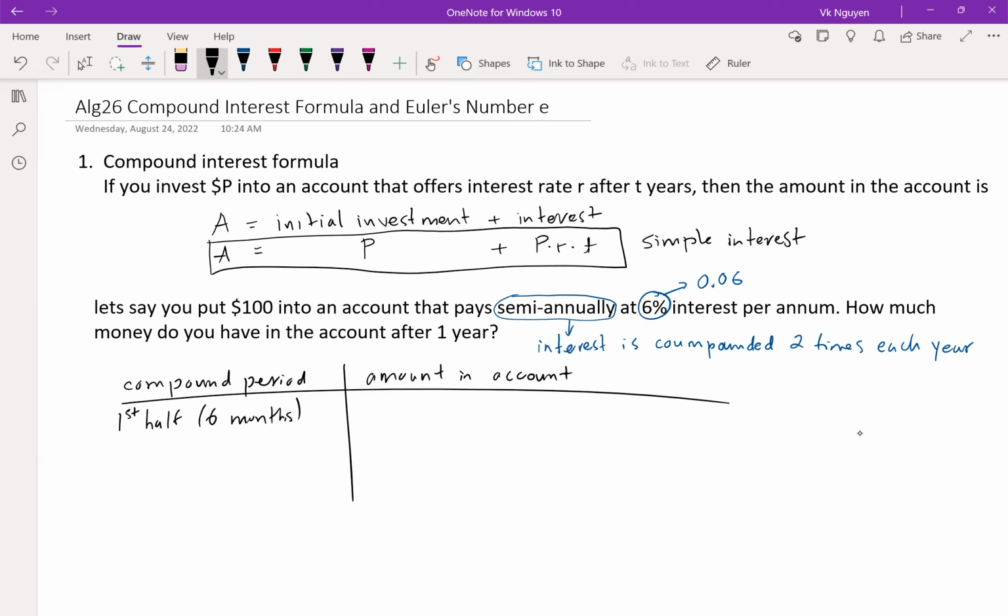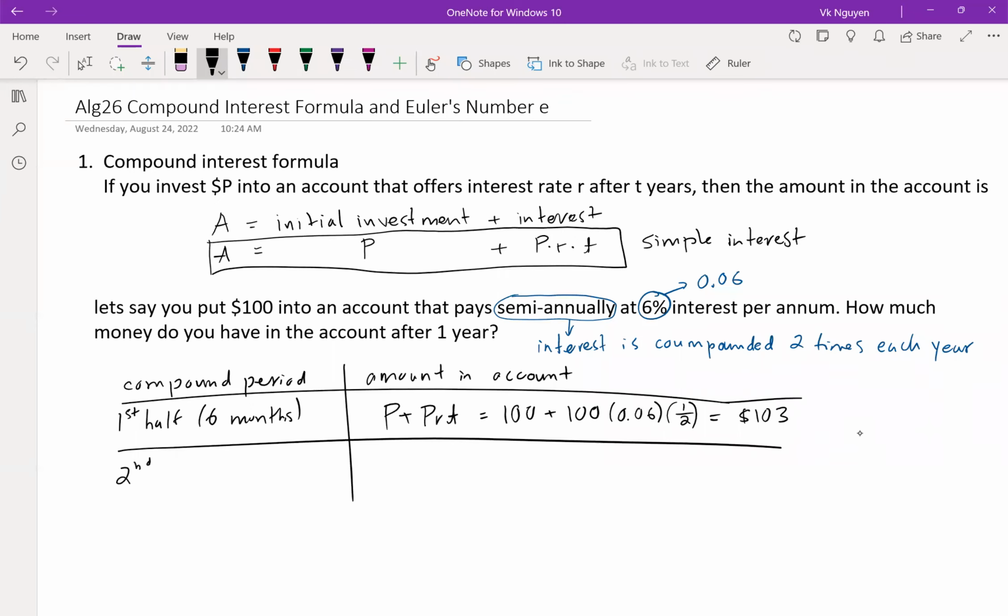The amount in the account would be P plus P r t, and this P is 100, plus 100 times 0.06 times 6 months, which is 1/2 of a year. So this would give us $103.